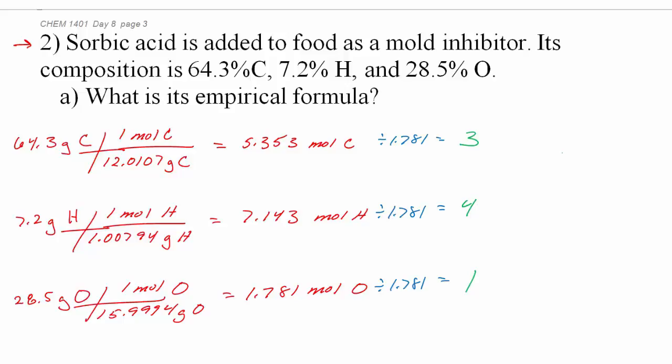So my empirical formula is going to be C3H4O. How many carbons? 3 moles of carbon, 4 moles of hydrogen, 1 mole of oxygen. There's my empirical formula.